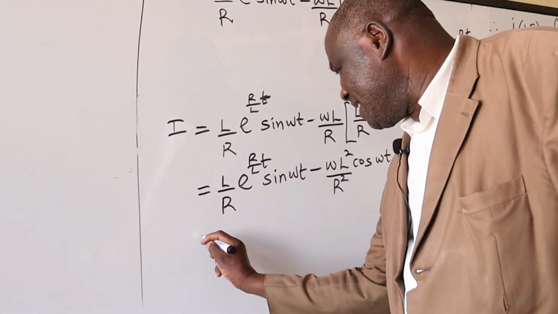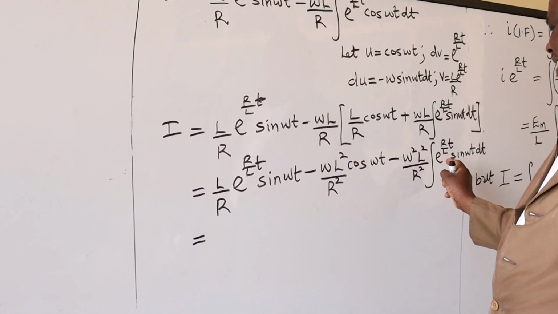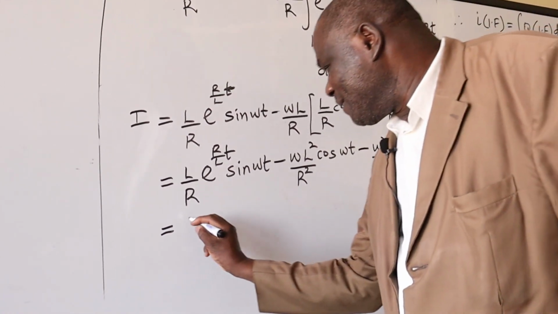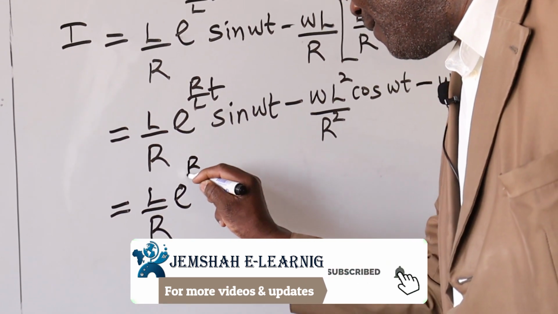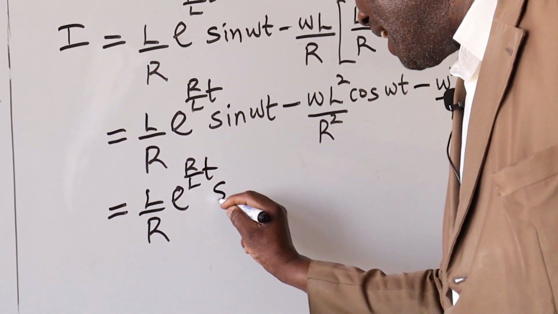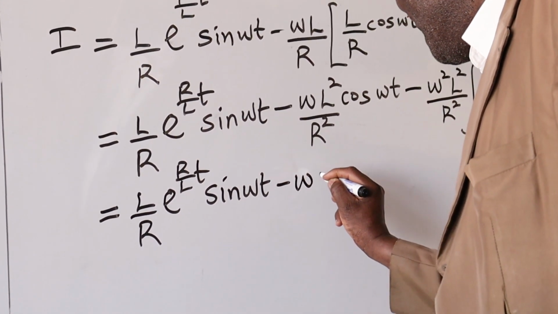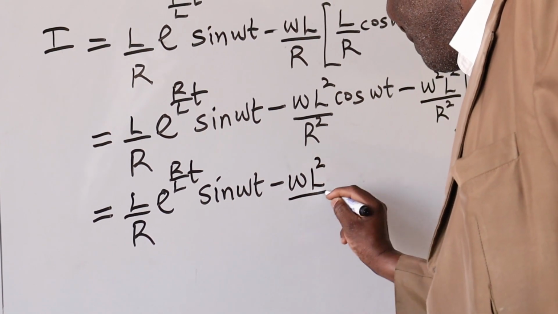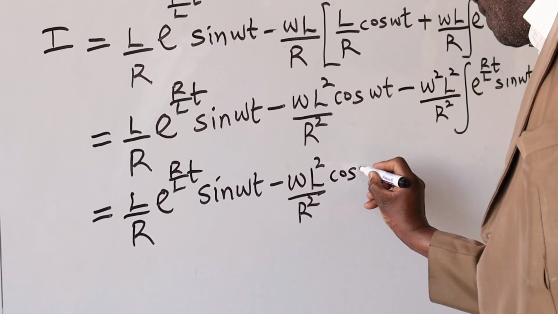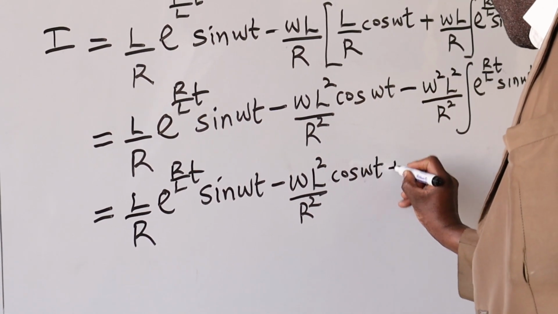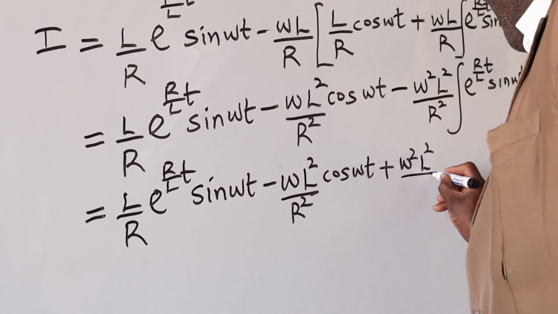Which will give us now, remember, this is the same as I. So we say it is L over R e power R all over L t sine omega t, minus omega L squared all over R squared cos omega t, plus omega squared L squared all over R squared.